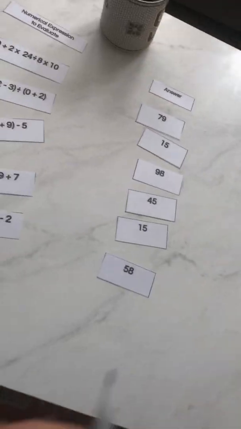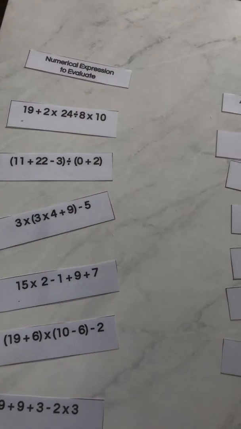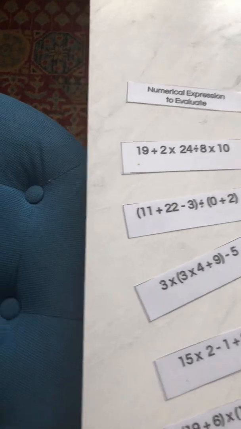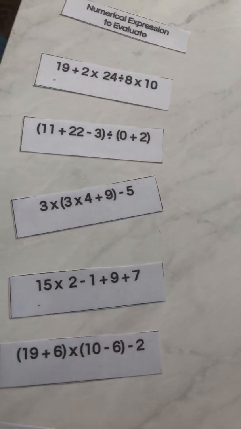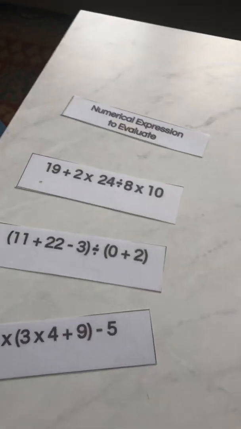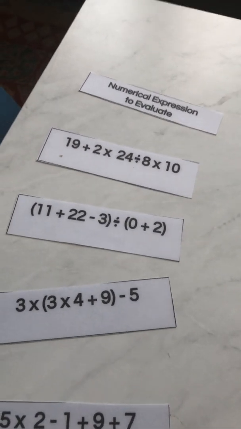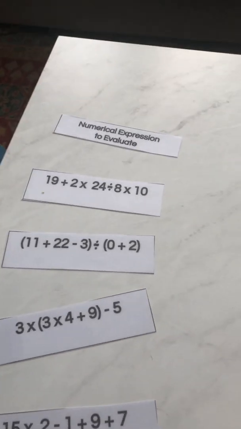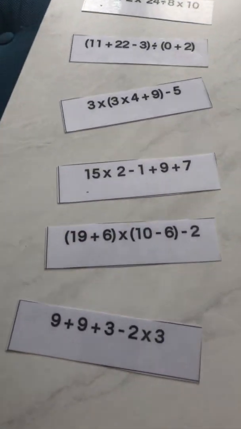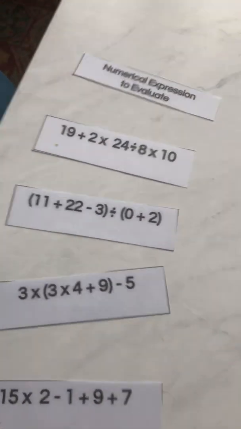So the second part of this work is taking these cards and matching them up. So you're going to have to do some paper pencil work to solve for these. So you have one row that says numerical expression to evaluate. So these are your numerical expressions, and these are your answers. So what I would do is just pick one.